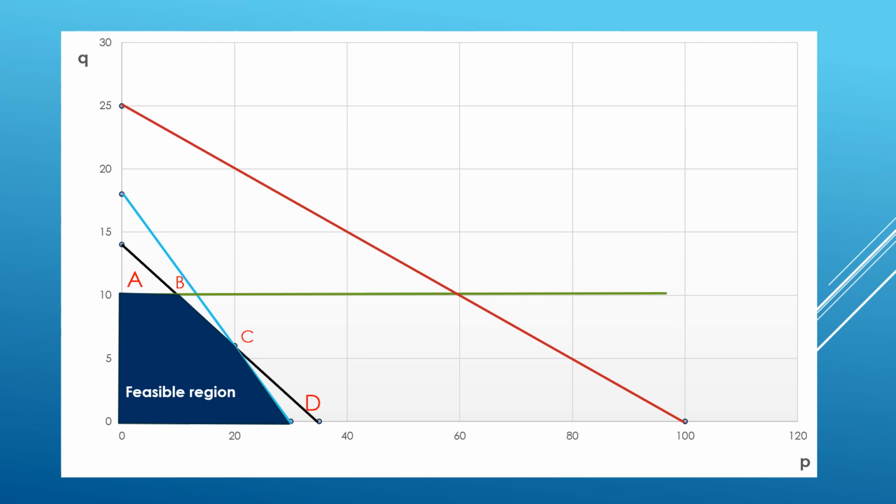It's easy to find the values for A because it is 0 for P and 10 for Q. Whereas for D, it is 0 for Q and 30 for P. However, when we find B and C, we have to solve the simultaneous equations.